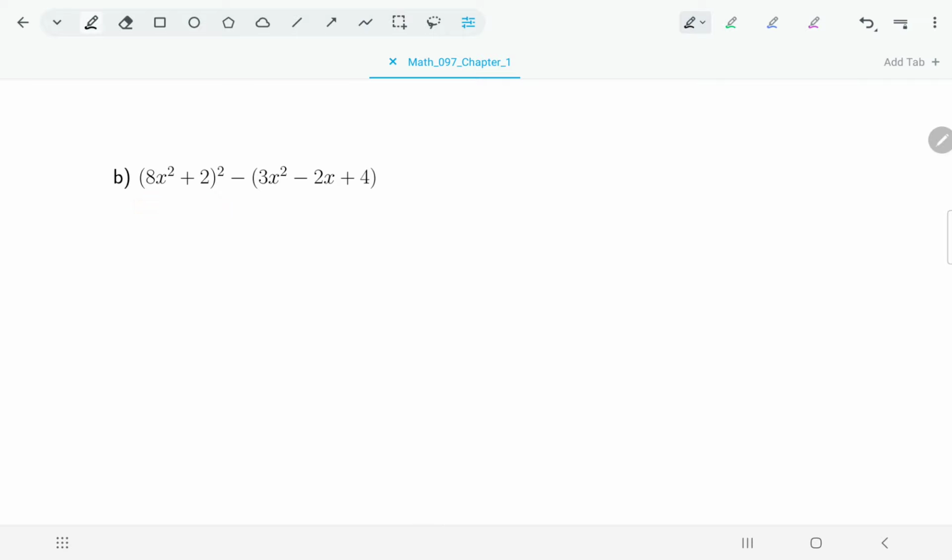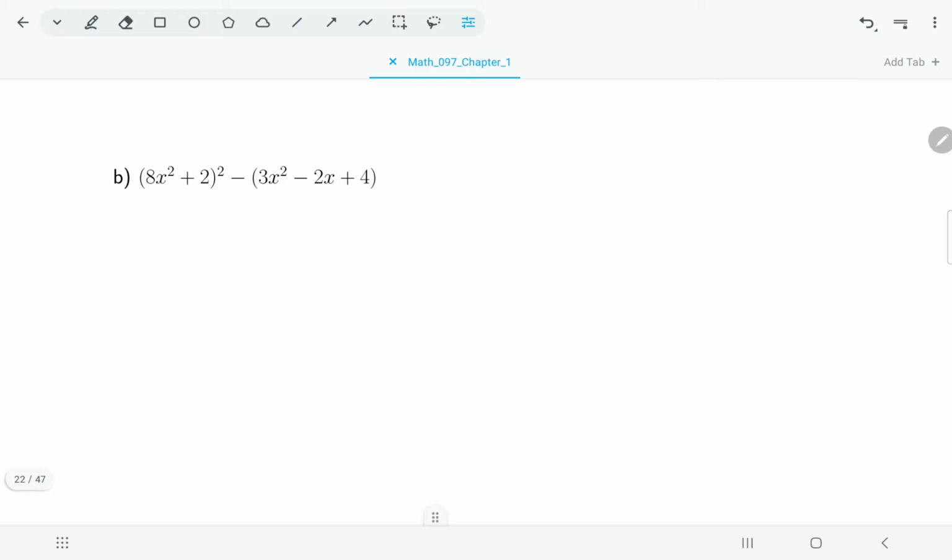The first thing, just to remind ourselves, and this is again one of the other things that are not true about math, is that if you have two things that are being added and the whole thing is being squared, that is not the same thing as just squaring the first term and squaring the second. So when we see that 8x squared plus 2 squared, if we're thinking, oh, I'll just square that 8x squared and square the 2 and then I'll be finished, that, of course, is not right.